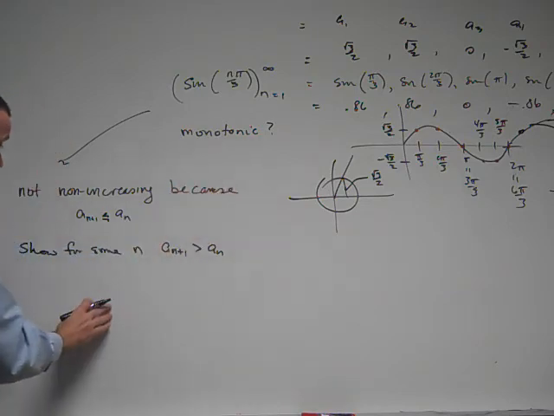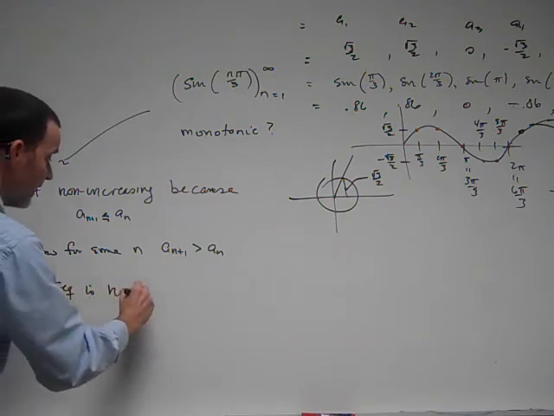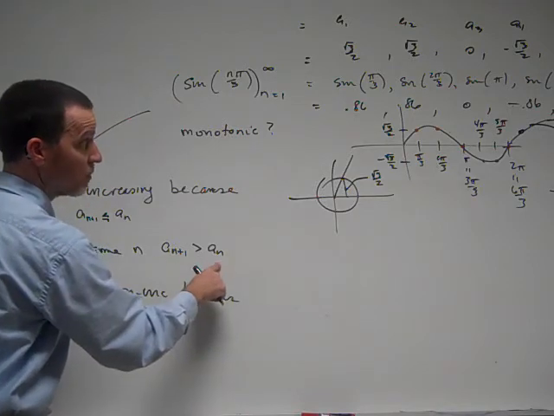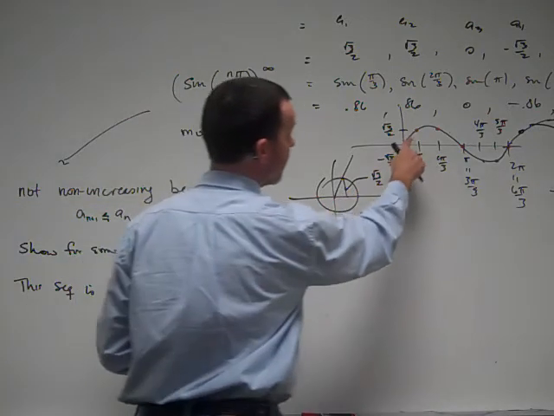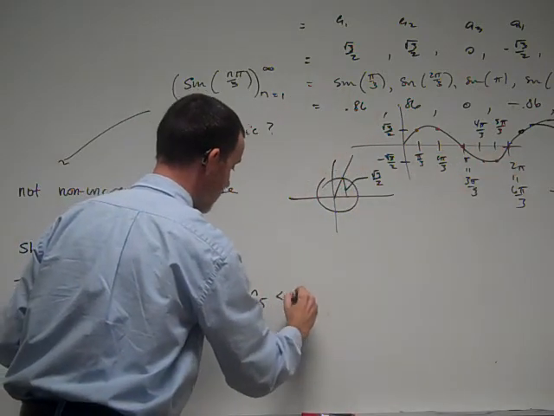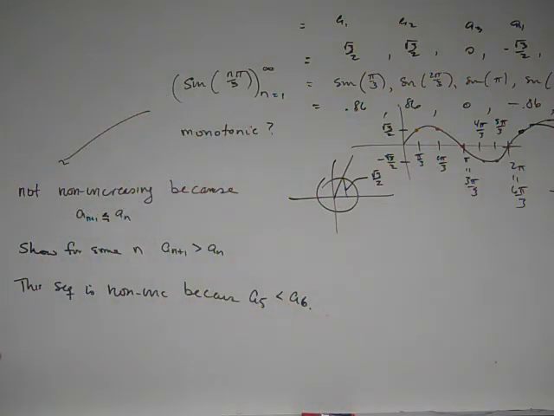Not always, just at some point. So this sequence is not non-increasing because which one goes up? 1, 2, 3, 4, 5, and 6. A sub 5 is less than a sub 6. So it is non-increasing? No, this one's not non-increasing.